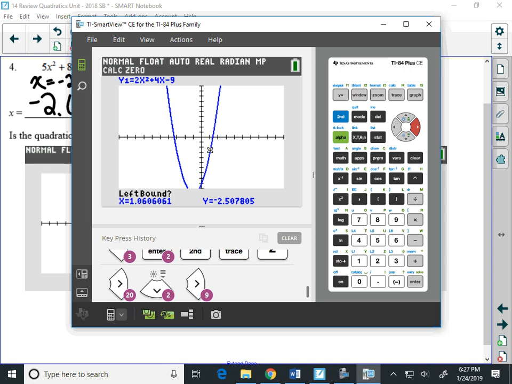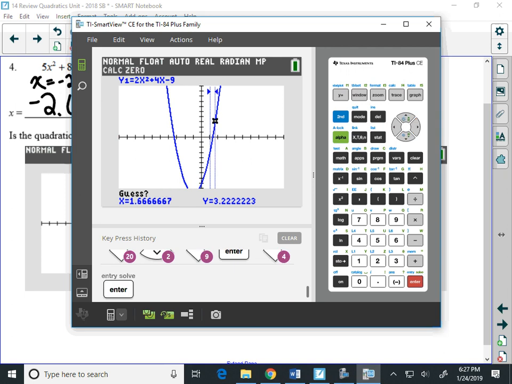It's somewhere close to where the graph crosses the x-axis. Enter. Enter again. We went to the right, somewhere close to where the graph crosses the x-axis. And then hit enter one more time. And we get this number here at the bottom of our screen, 1.345.